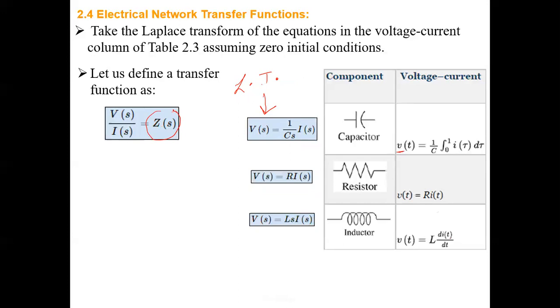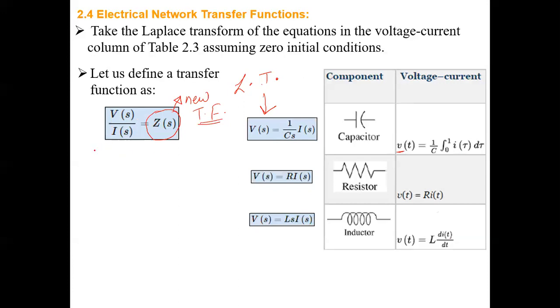So let me define a transfer function, okay? This is a new transfer function now. G is a new transfer function. So how do I define this? G is Bs over Is.